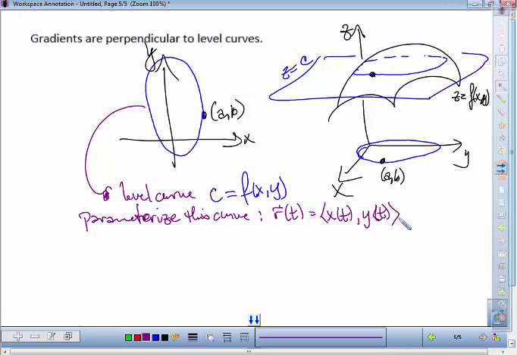Okay? And what we're going to do is we're going to take that curve and project it up onto the surface.